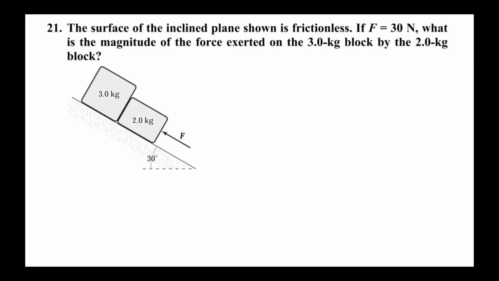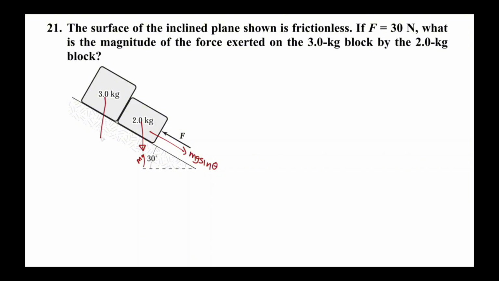The surface of the inclined plane shown is frictionless. If F equals 30 newtons, what is the magnitude of the force exerted on the 3 kilogram block by the 2 kilogram block? Now let's draw the free body diagram here. This is mg right here, and this one is mg sine theta.